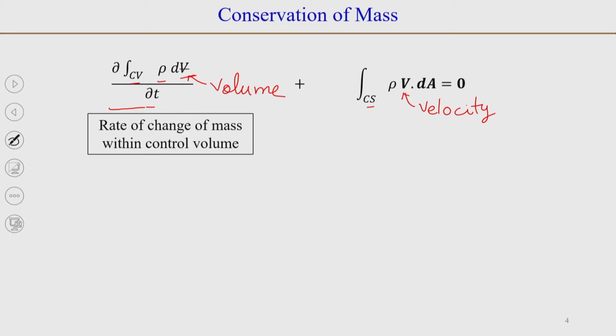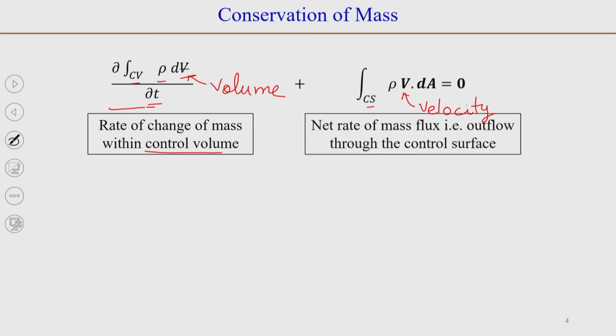So, the first term is the rate of change of mass. So, rate of change of mass within the control volume: when you integrate rho dV over the control volume, this will give us the mass in the control volume, and its derivative with respect to time will be the rate of change of mass within the control volume.